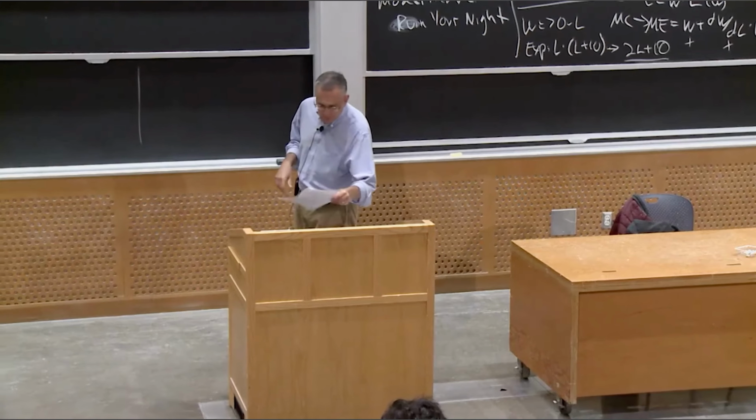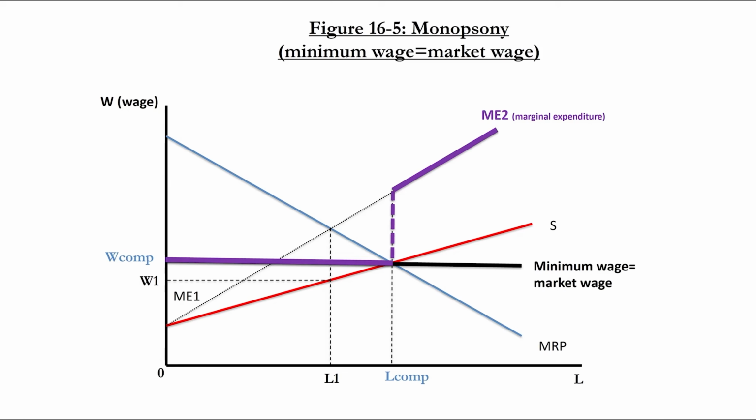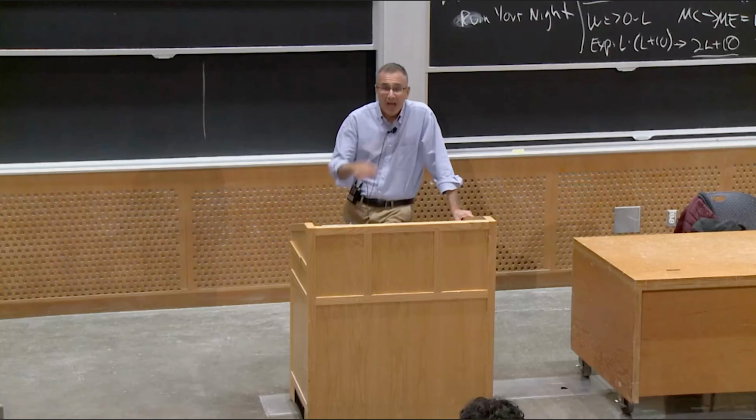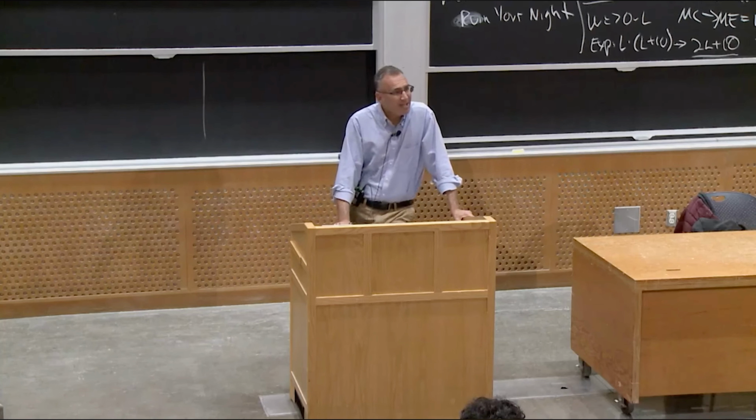So imagine in figure 16.5, we set a minimum wage equal to the market wage. Well, now think about the firm's decision. For any workers to the left of L comp, there's no poisoning effect because they can't lower the wage. So they might as well hire the competitive level. What has the minimum wage just done? It has raised employment.